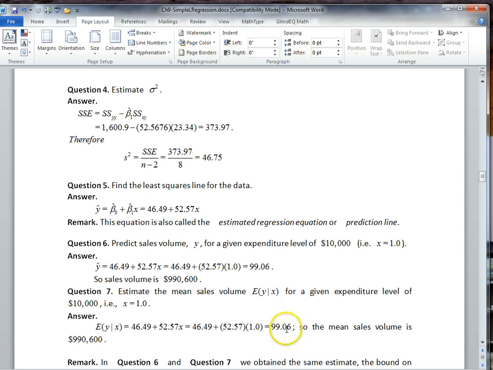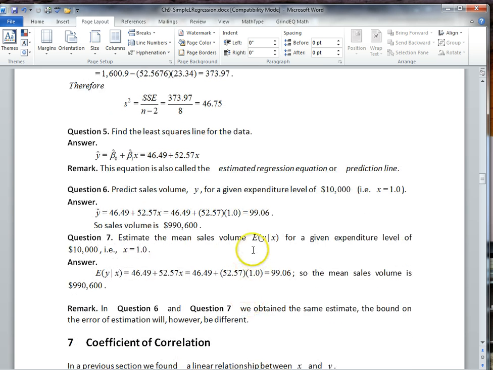Sometimes I may be interested in the expected sales volume. If I plan to spend $10,000 every month for the next 15 months, on average, what would be my sales volume? So that's question 7. That's the mean sales volume, and actually the answer is the same, as you can see here.